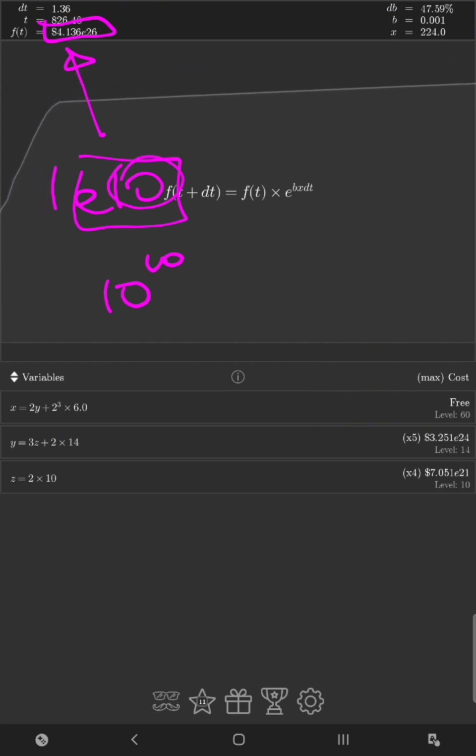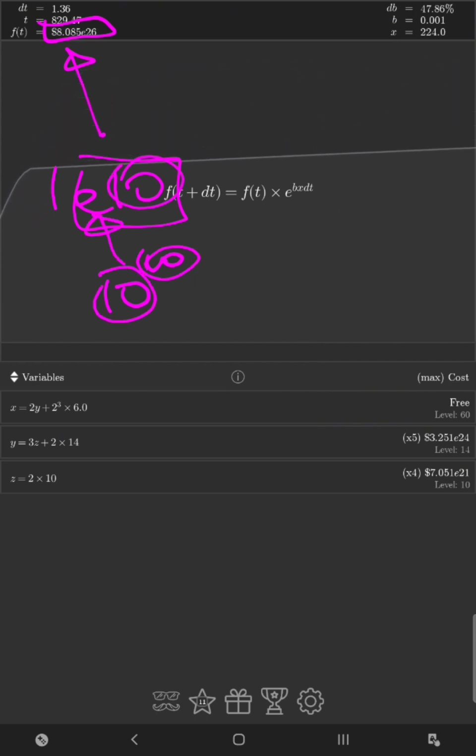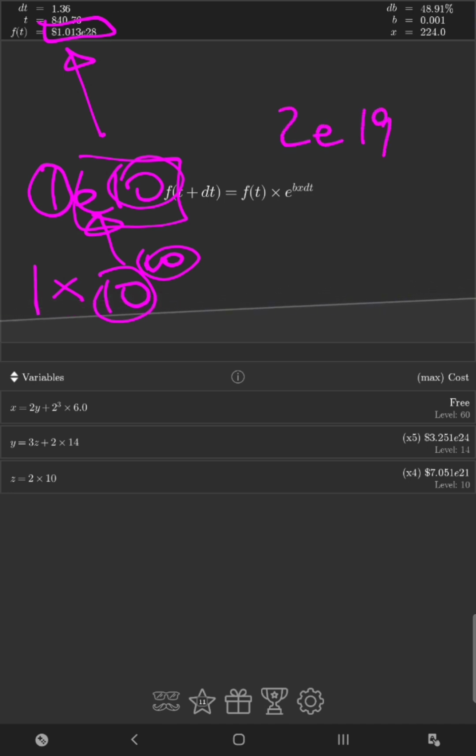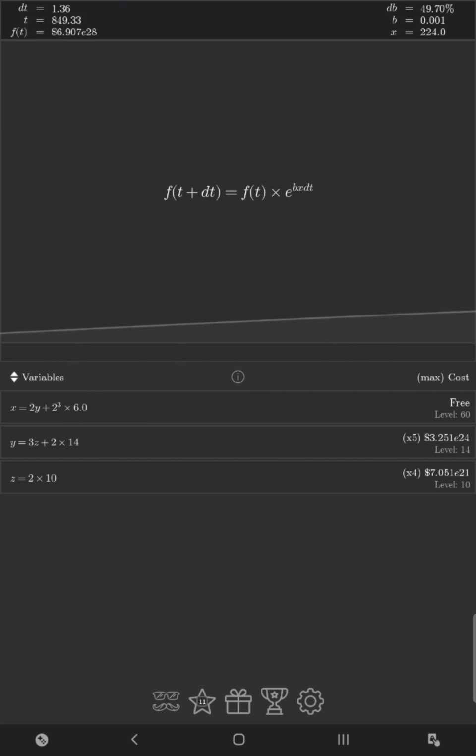This 10 means this, and this 10 is just E. And what this 1 means is times this by 1. For example, 2E19 is 2 times 10 to the 19. And this is the scientific notation.